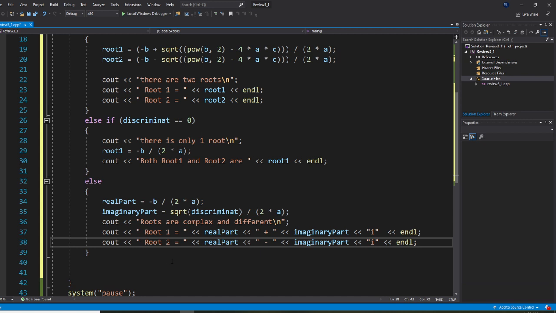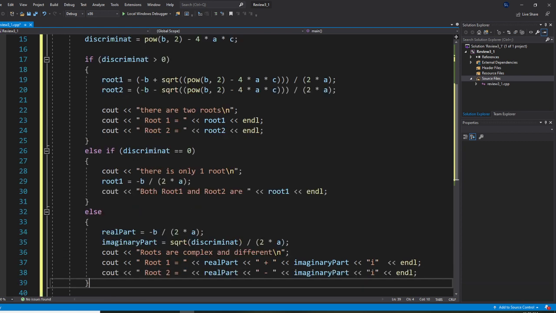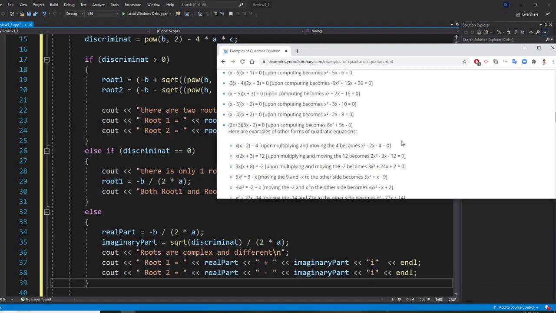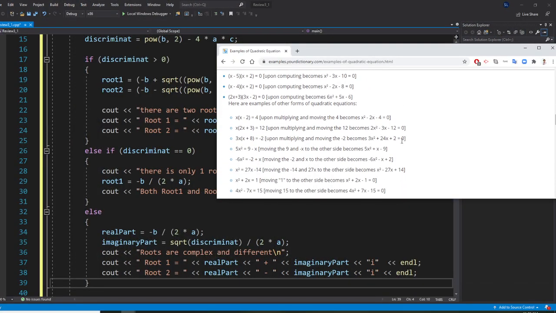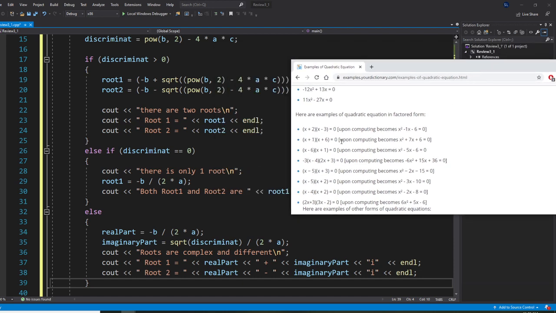First of all, one more time, let's check the first one like we did before. These are the ones that have real roots. Let's do the second one right now, 1, 7, 6.